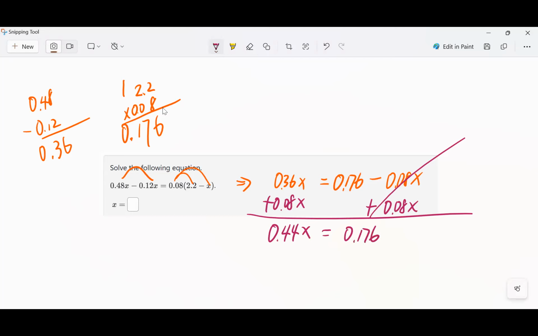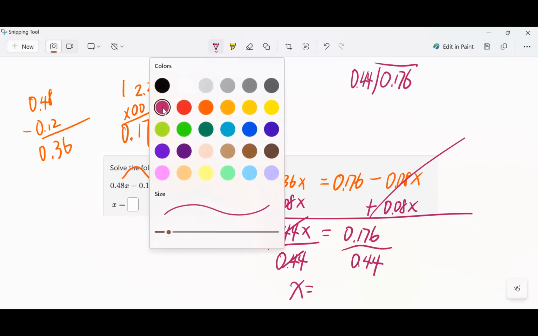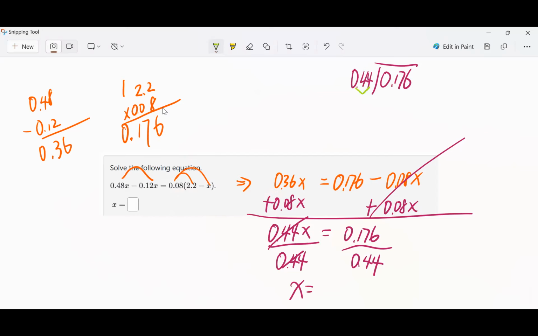Now divide both sides of the equation by 0.44. So x is 0.176 over 0.44. Now move the decimal 2 units to the right, so we turn it into 17.6 over 44.